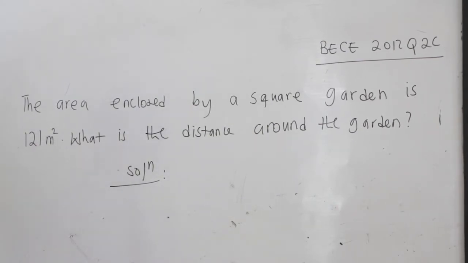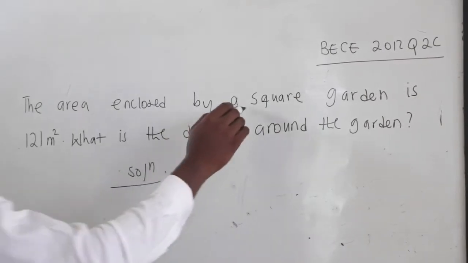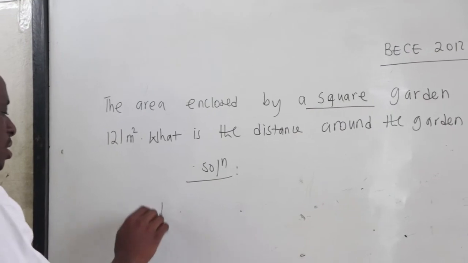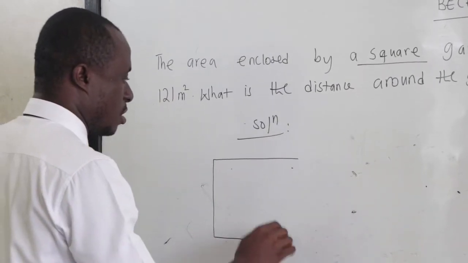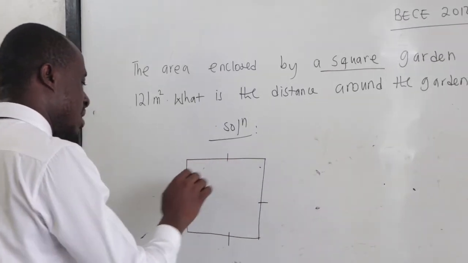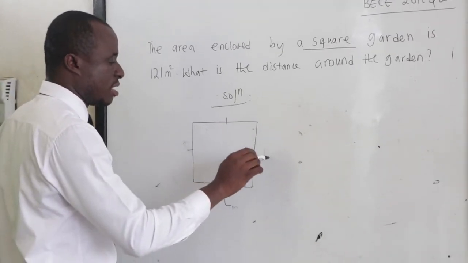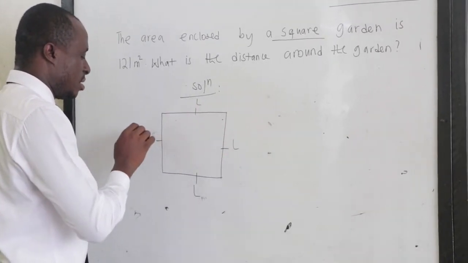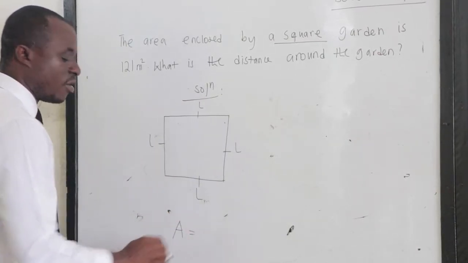The area enclosed by a square garden is 121 meters square. We are being told to find the distance around the garden. We want to find the perimeter around the garden. Now, this garden is a square, so let's sketch a square first. All the sides are equal. So if this side is L, this side too is L, and this side too is L. Now, what is the area of a square?